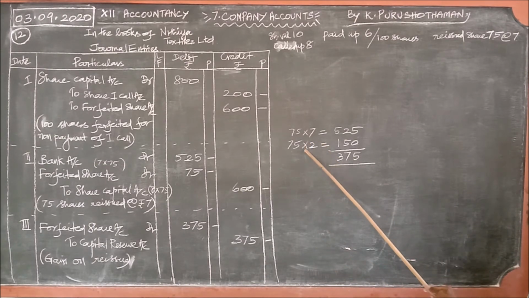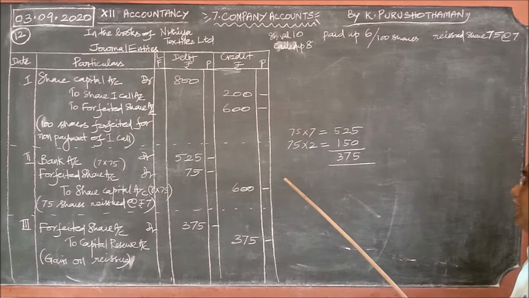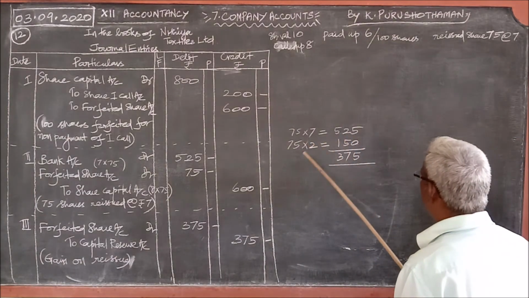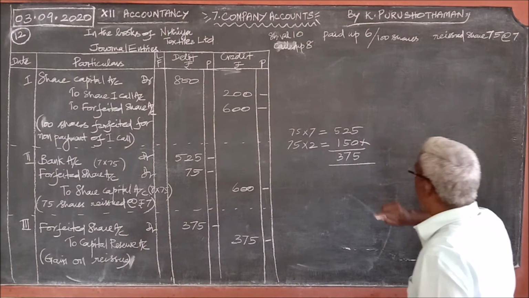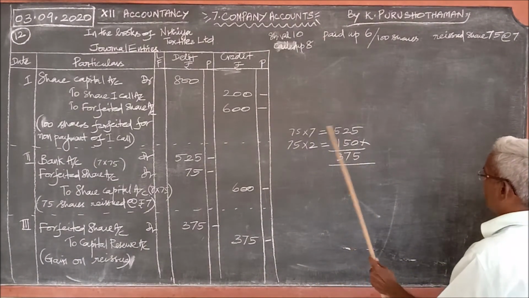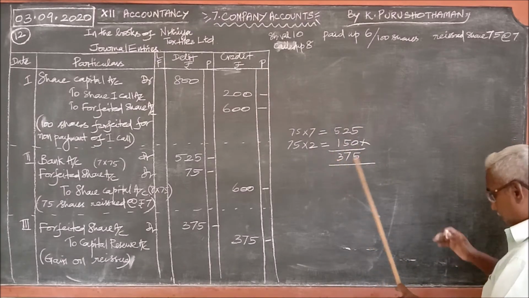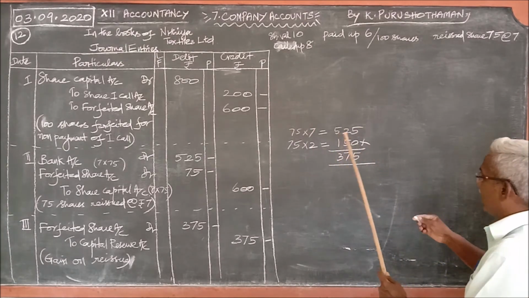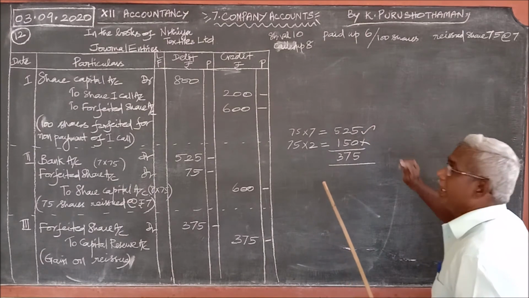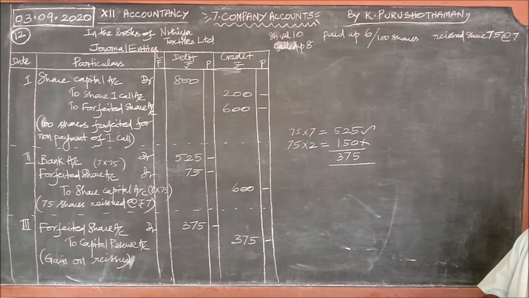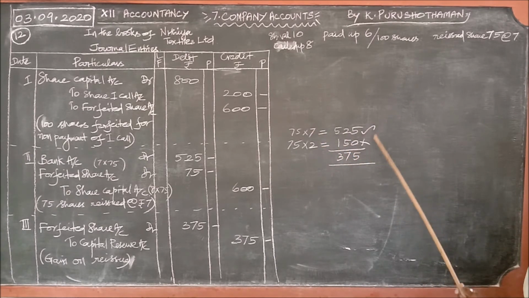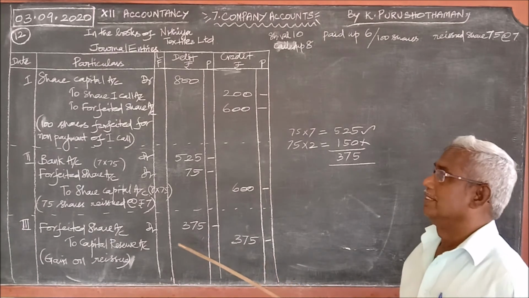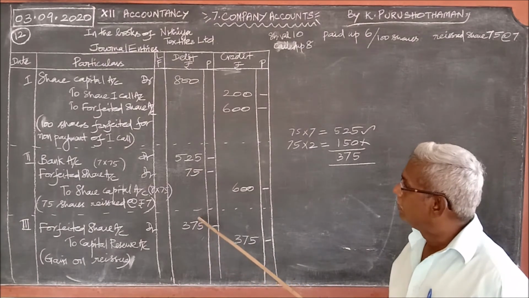Because for the non-payment of 2 rupees as first call, those shares were forfeited. So this is 75 into 2, 150 rupees. This is the pending amount due on the 75 shares, 150 rupees. But because of the reissue, the company received 525 rupees. So how much did the company get more? 375. This is the profit that I have written. Okay, you should be very careful in it.